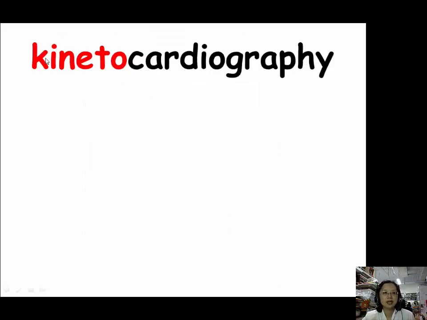And for the prefix kineto, K-I-N-E-T-O, our example is kinetocardiography. Kinetocardiography is the technique of graphically recording the slow vibrations of the anterior chest walls in the region of the heart.